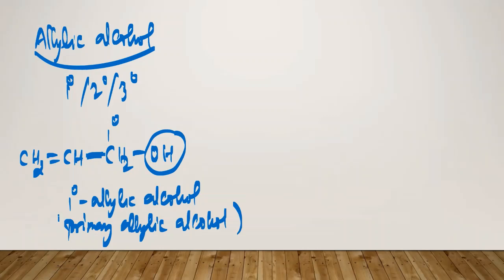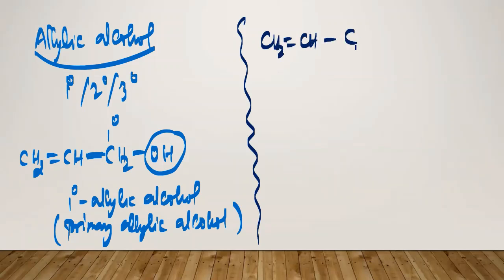So let us go for secondary now. In case of secondary, my dear friends, the OH group should be present on a secondary carbon, 2 degree carbon. So have a look here. If we take the second example, it will be like this: CH2, CH, then you have C, CH3, H, and OH.